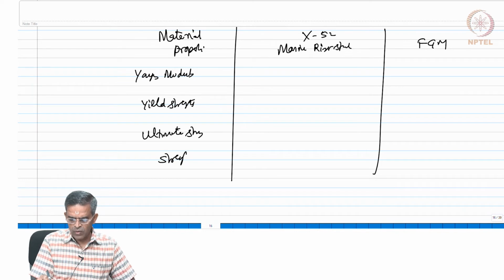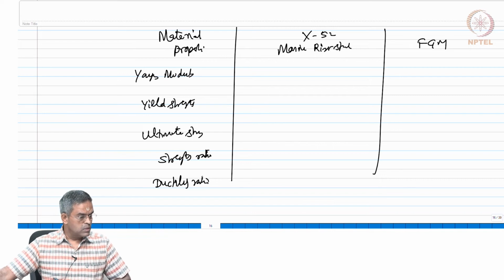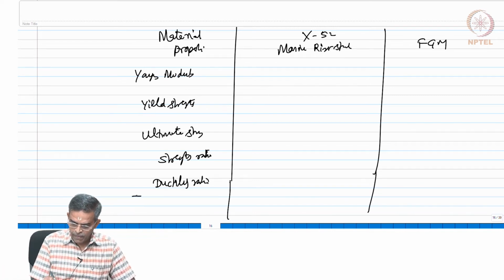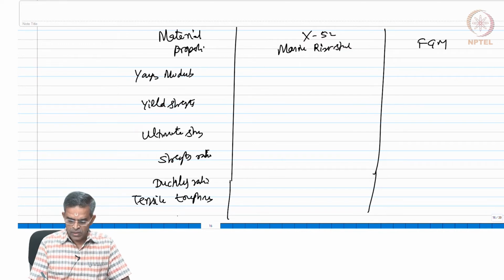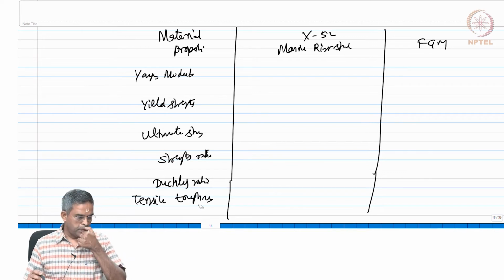Let us also try to work out the strength ratio. We will also work out the ductility ratio from the curves. Then we will also compute the tensile toughness, then Poisson's ratio. We will put Poisson's ratio in the next slide. Okay.